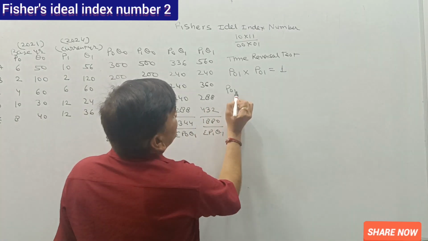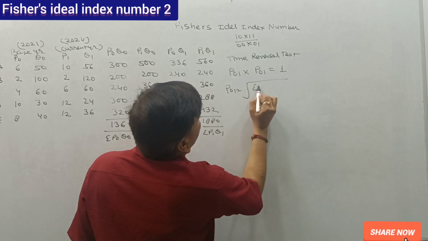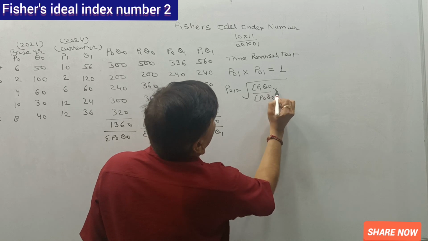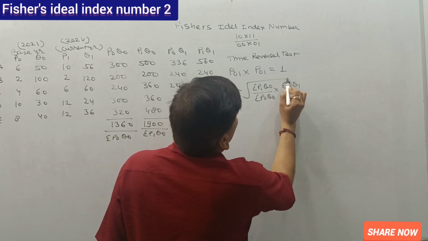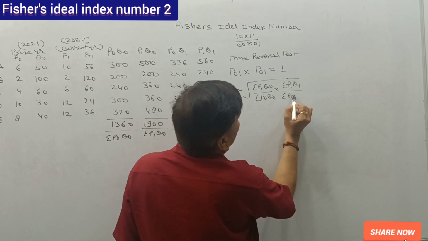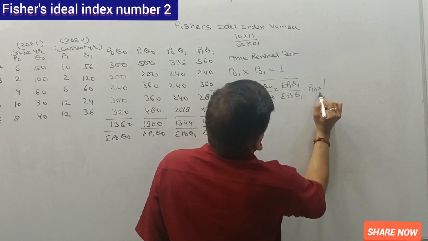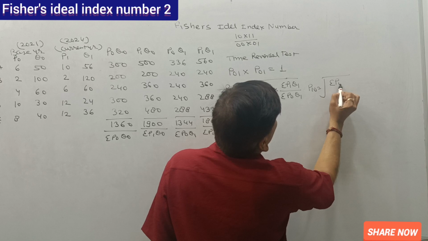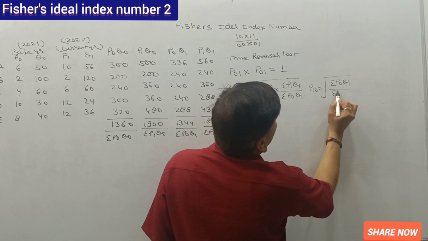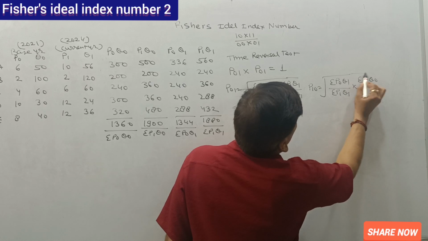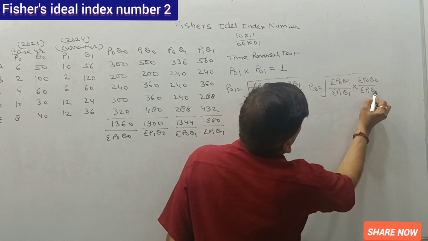So P01 we already have: sigma P1 Q0 divided by sigma P0 Q0, multiplied by sigma P1 Q1 divided by sigma P0 Q1. And P10 is sigma P0 Q1 divided by sigma P1 Q1, multiplied by sigma P0 Q0 divided by sigma P1 Q0. What we have done?